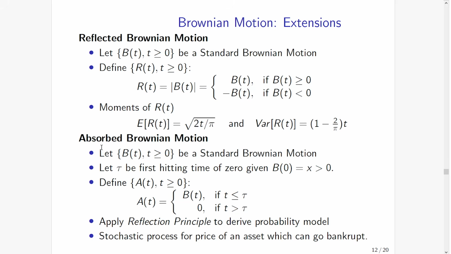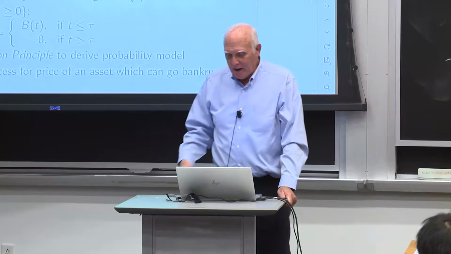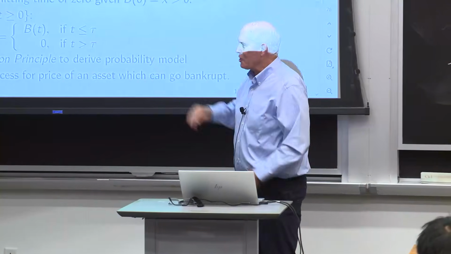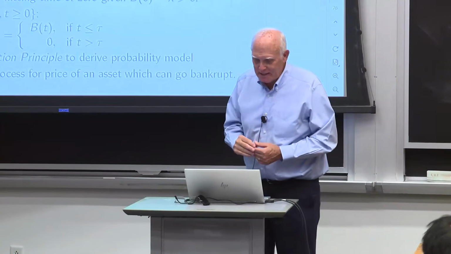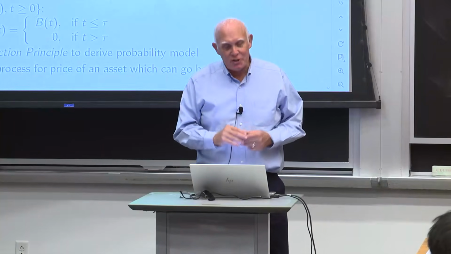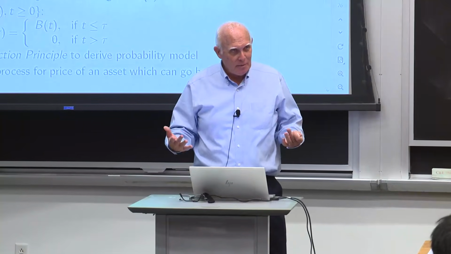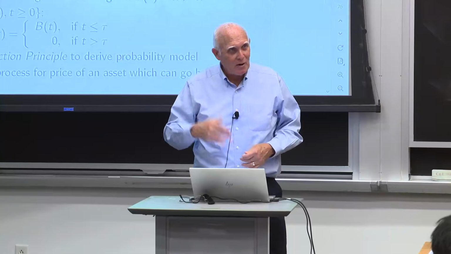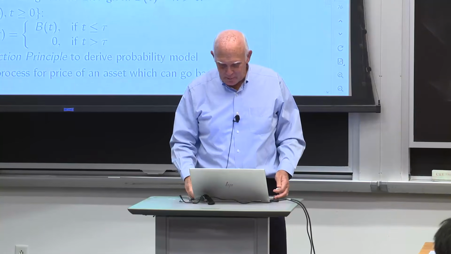These kinds of processes are useful, for example, when we have a Brownian motion-like process for a stock price, which is generally positive so long as the company is viable, but if the company goes bankrupt, then the price gets absorbed at 0.